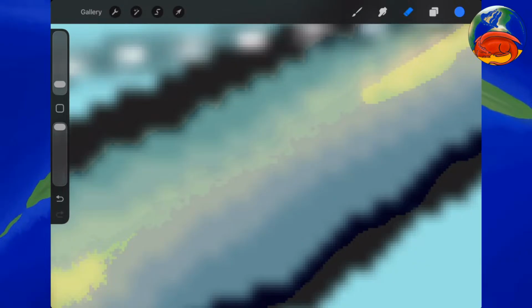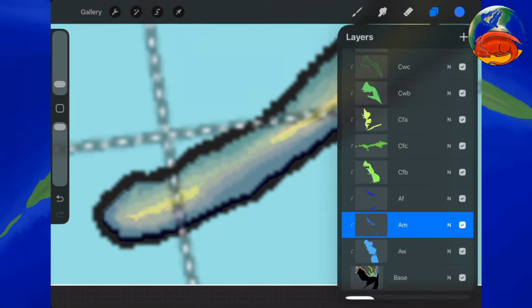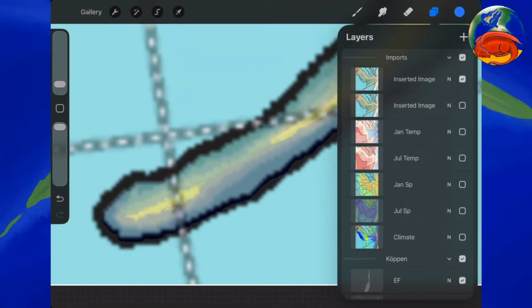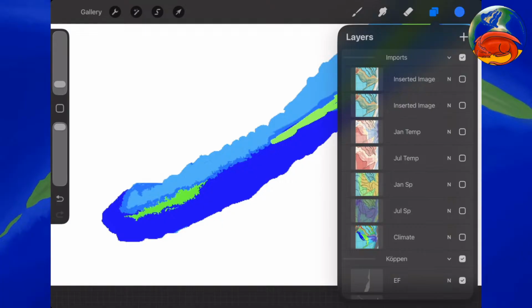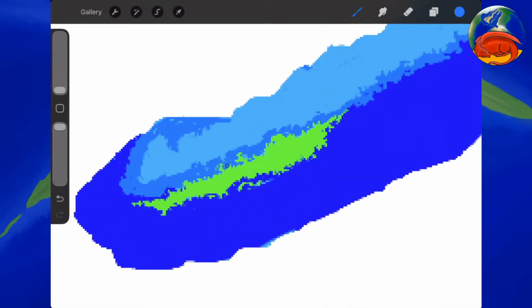Expand the AM in there. There we go. That is looking pretty good. Just gotta make sure I get everything in there.